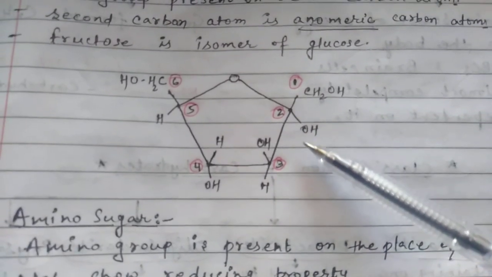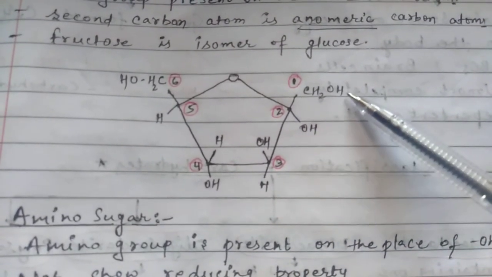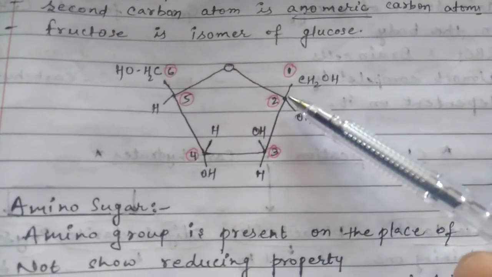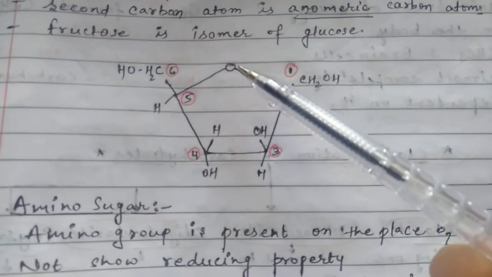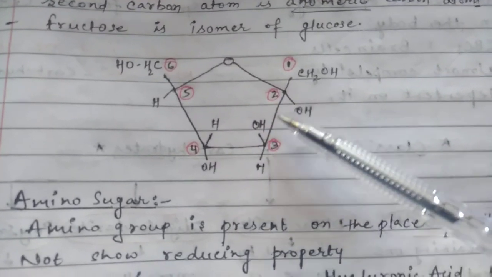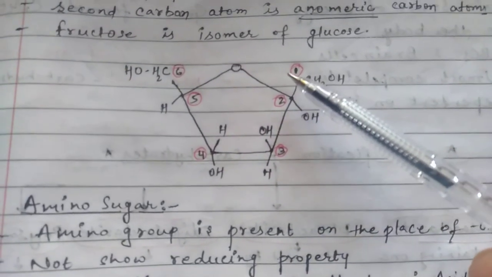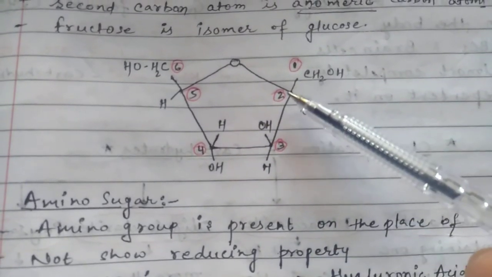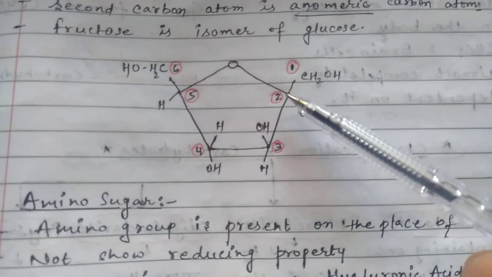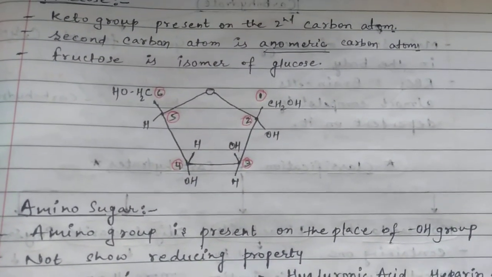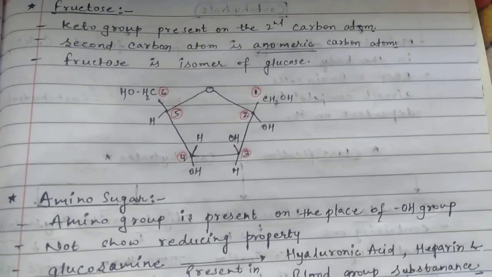One is the hydroxyl group, another is a carbon attached, then the oxygen is attached to this carbon, and here another carbon is also attached. So four different groups are attached on this second carbon. Because of that, this is the anomeric carbon atom.